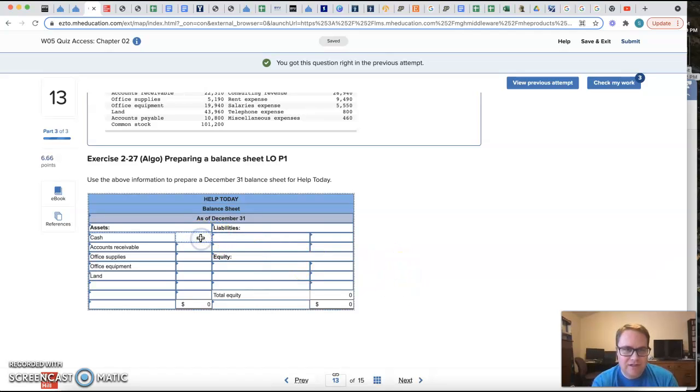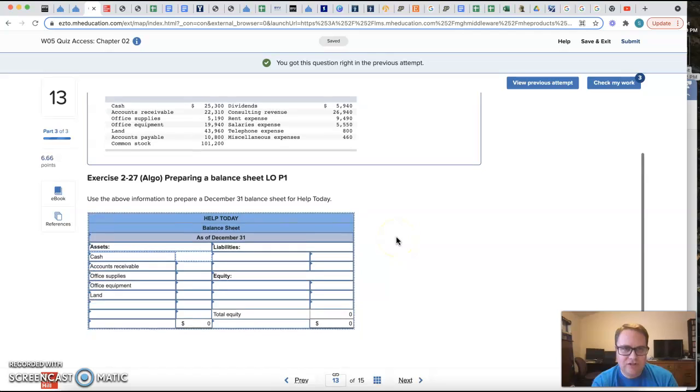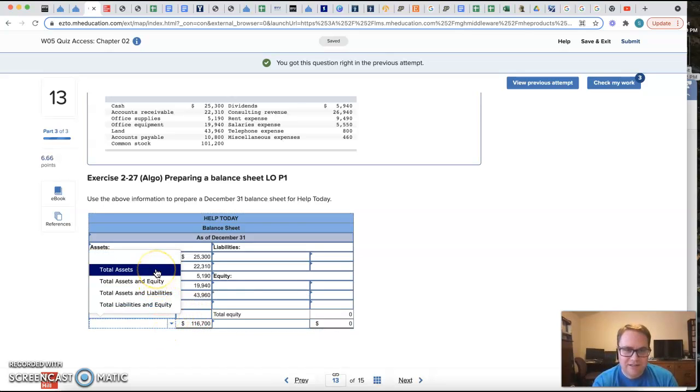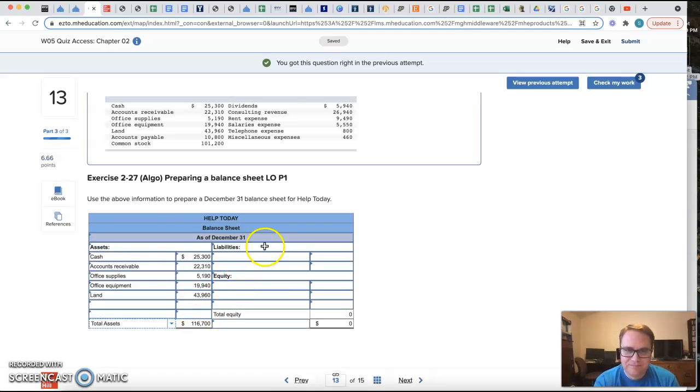And then we'll enter in the totals for each of those as well. All right, and that again just starts doing a running total here for us, and we'll just want to make sure we indicate what that is. That is our total assets.